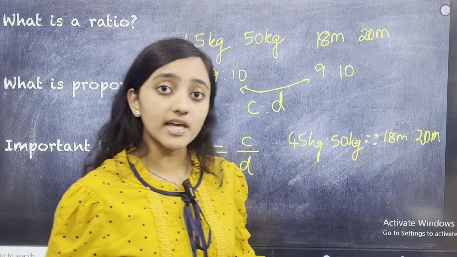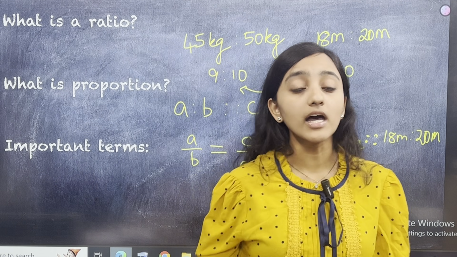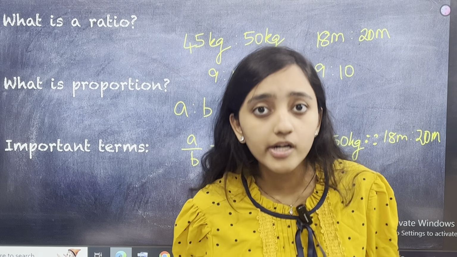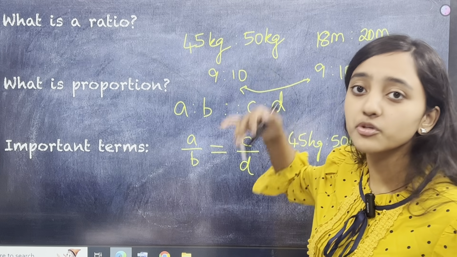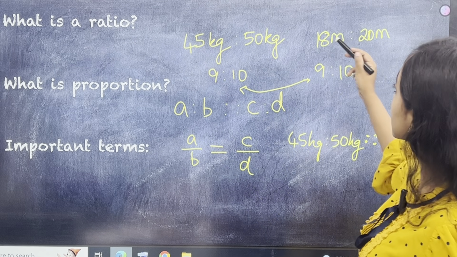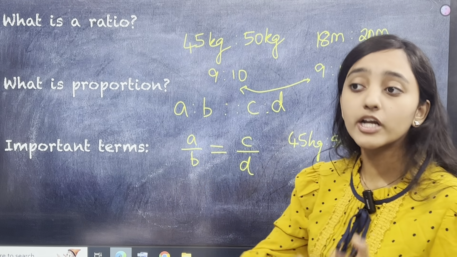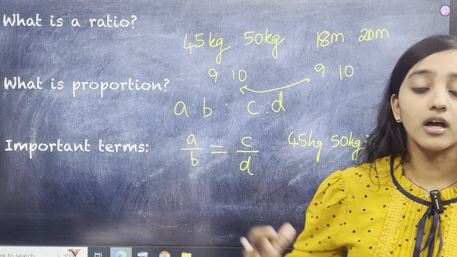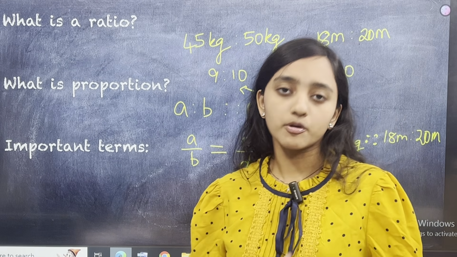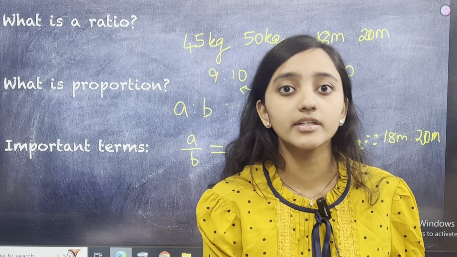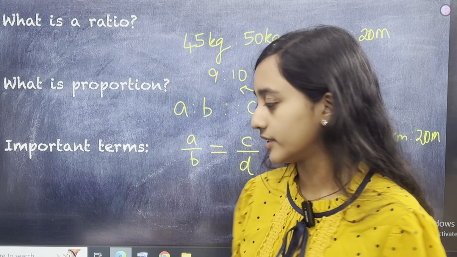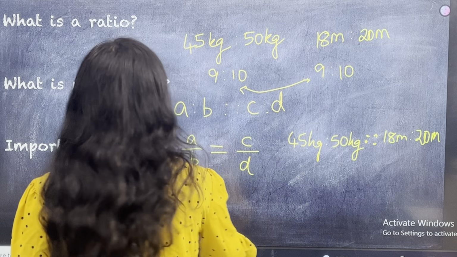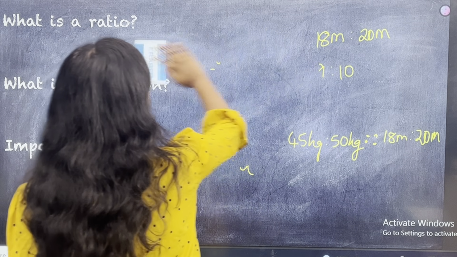So what I want to say with this example is that you can have two ratios of two different quantities. This is kg, which is mass, weight, whereas this is meters, which is referring to length. You can have completely two different quantities, but you can consider them in proportion. You can consider for same quantities or different quantities. So this is what we understand by the term proportion.